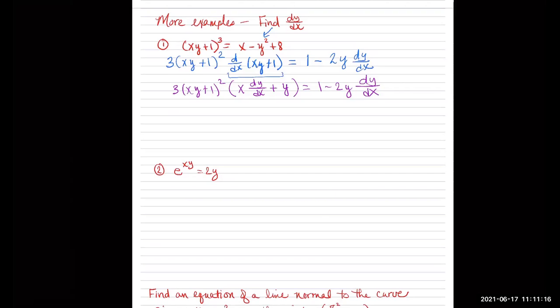dy/dx is inside the parentheses on the left-hand side, so I am going to distribute this.